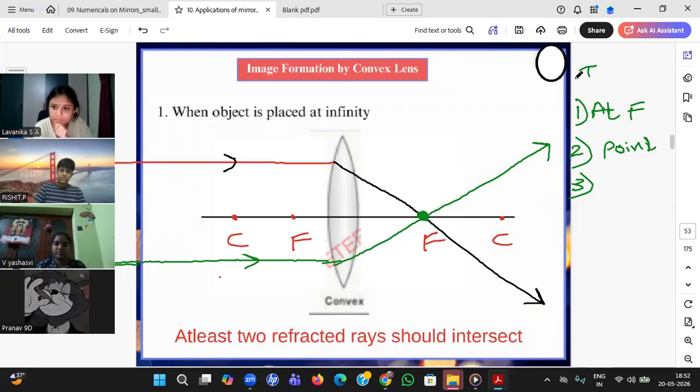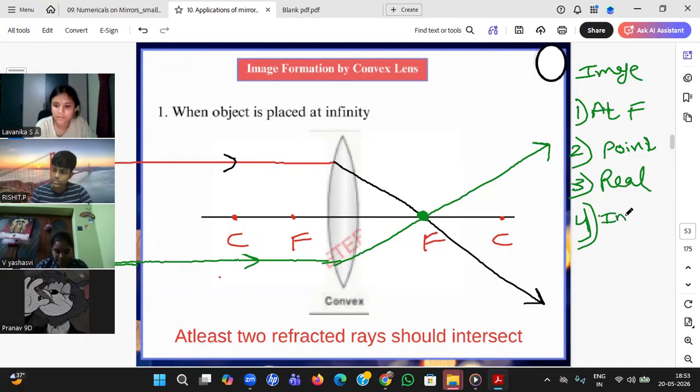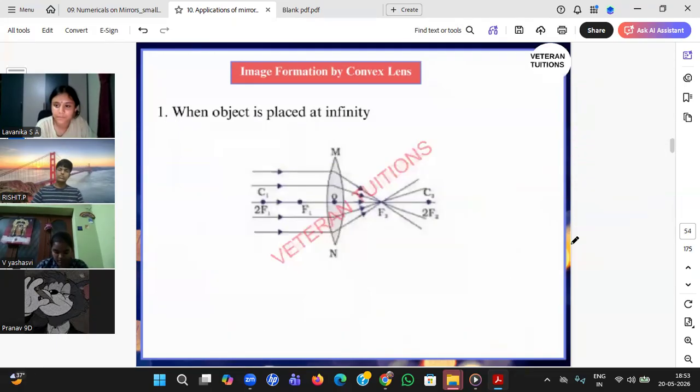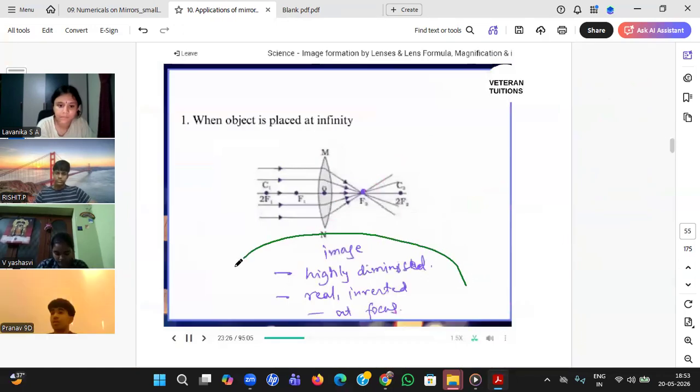That means it is speaking about the characteristics of the image. Do they appear to meet or actually meet? They actually meet. Actual meet means what? Real. If it is real, what is another word that always comes with real? Inverted. Inverted. Okay, student. These are the characteristics of the image formed.